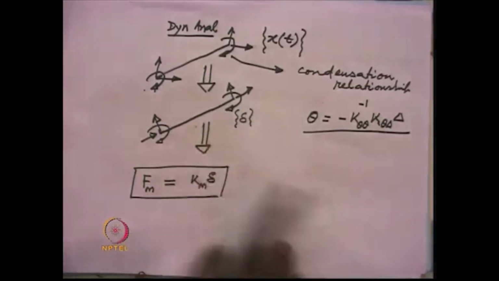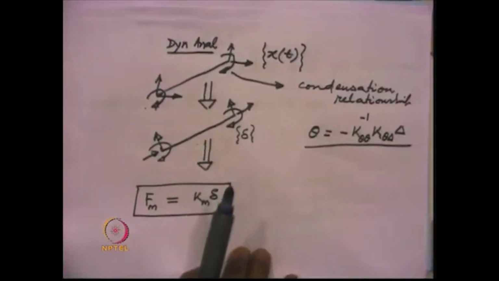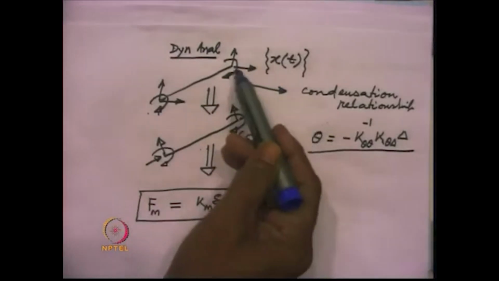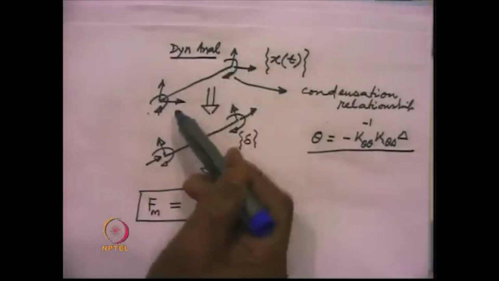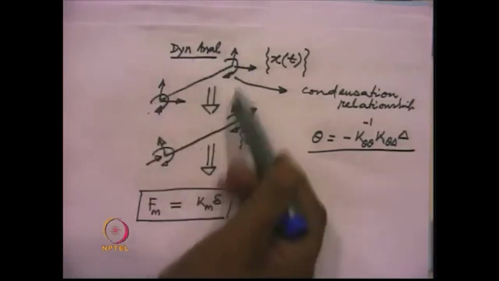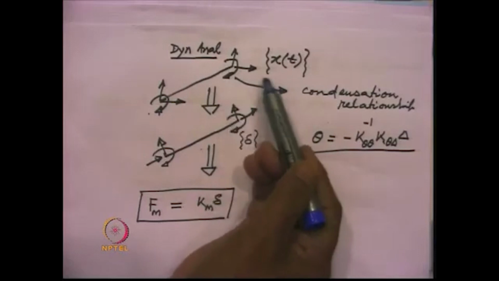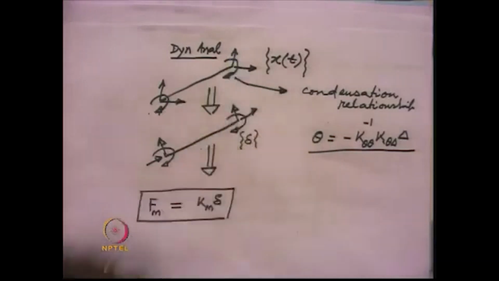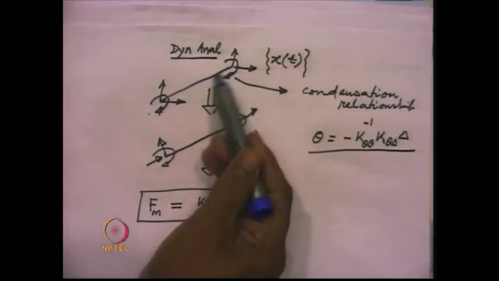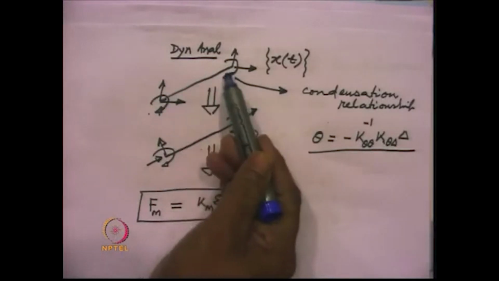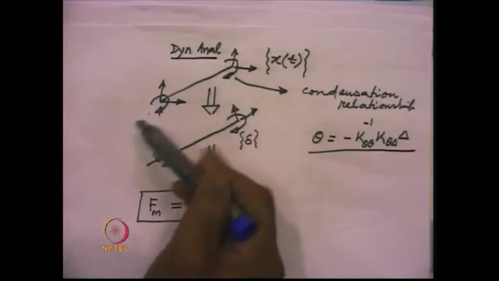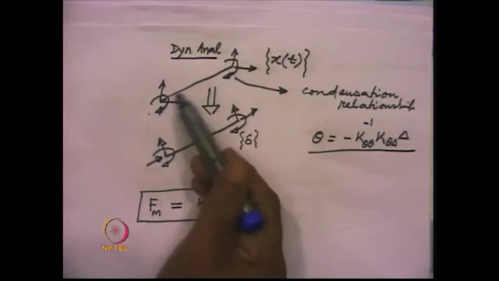Because the dynamic analysis generally condenses out all the rotational degrees of freedom, and the translational degrees of freedom are considered as the dynamic degrees of freedom, the response analysis provides us x of t, that is the displacement. Now, for finding the bending moment and shear force in this member, we also need the rotations taking place at the two nodes.